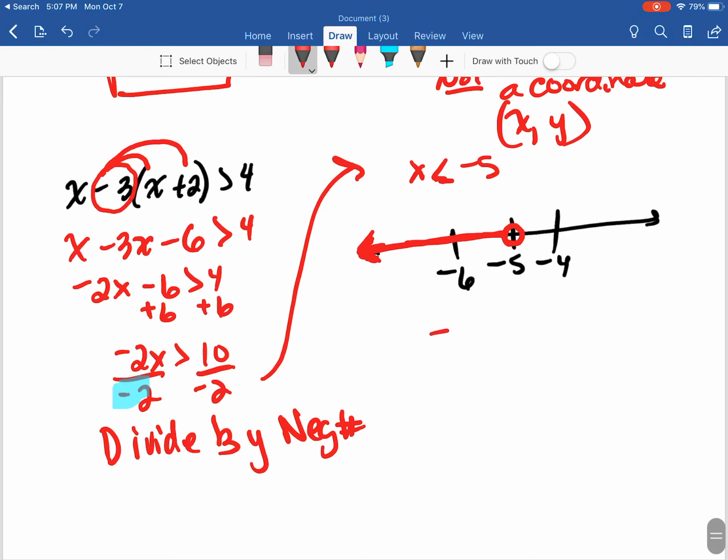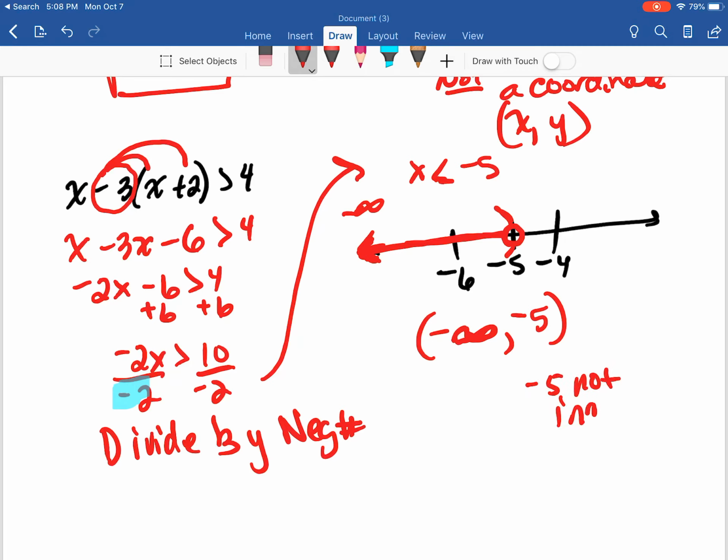It's negative infinity in this direction. So negative infinity is going to come first when I write my interval notation. Then my negative 5 is going to come second. It's going to be open because it's not equal to that value. So negative 5 is not included in our range.